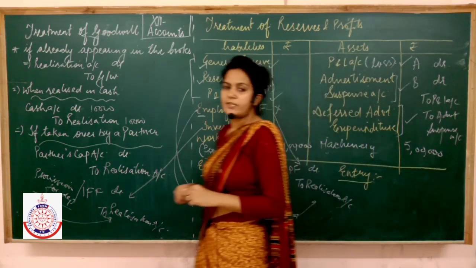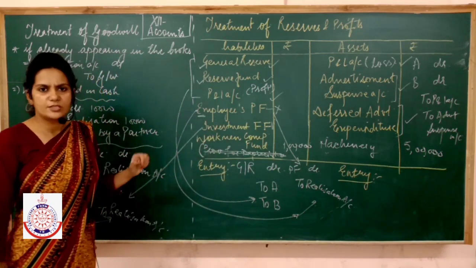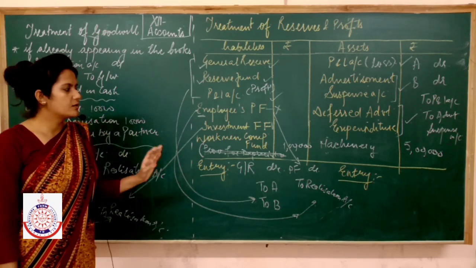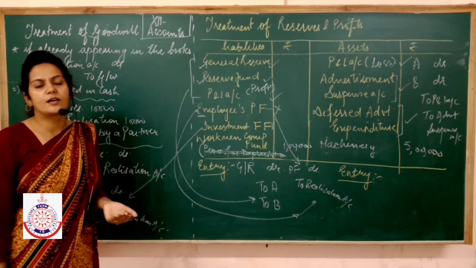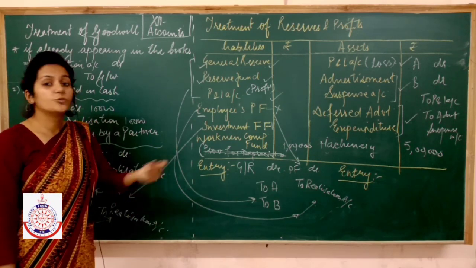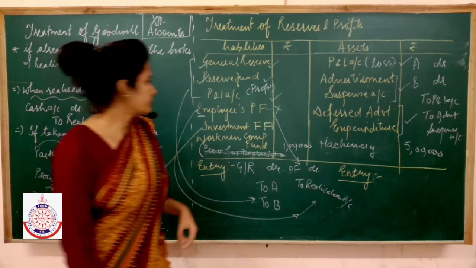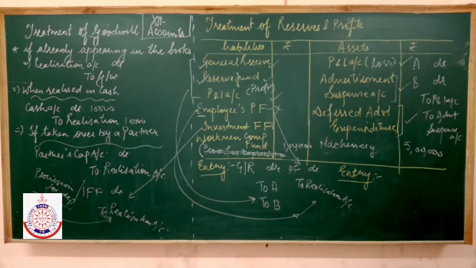Now I'm going to take up the next concept, the treatment of workmen compensation fund. Though it is the same, that we have to transfer it to the old partners capital account only, at times some adjustments come. Some adjustments you may find in your books. So we'll be discussing it now. I hope the other terms are clear to you.